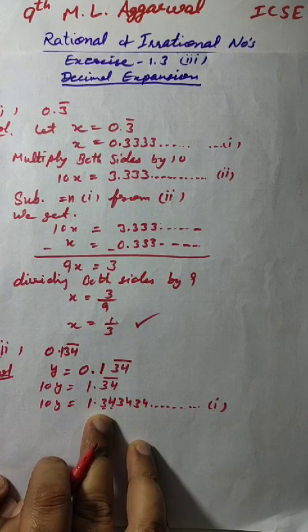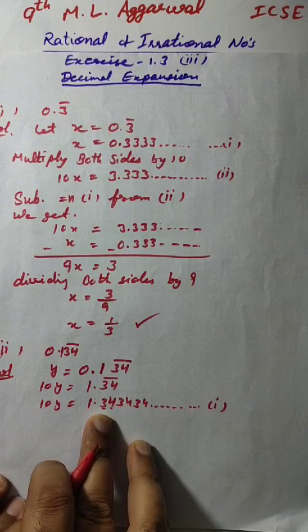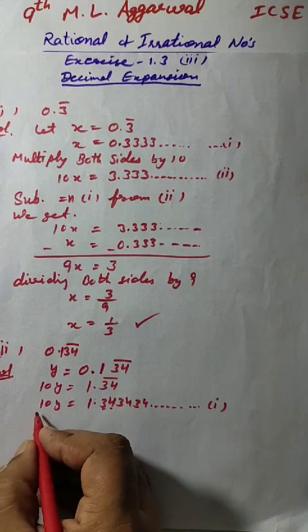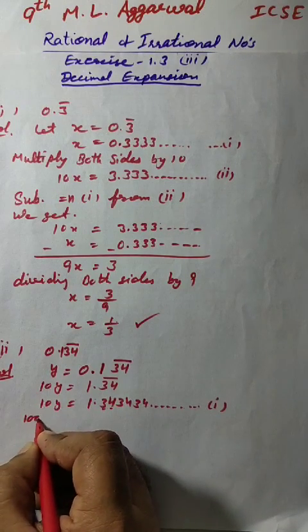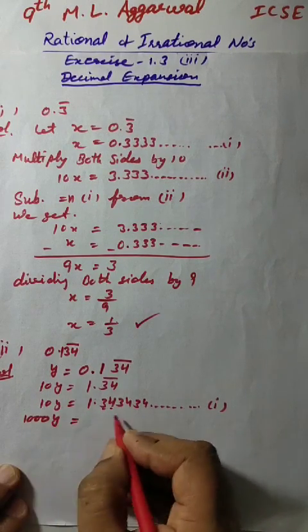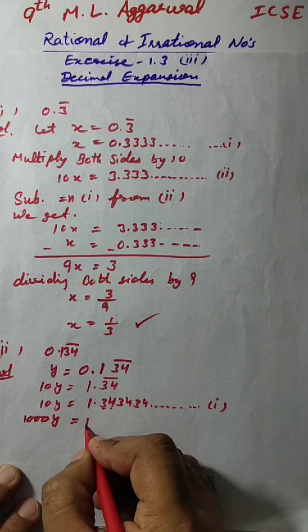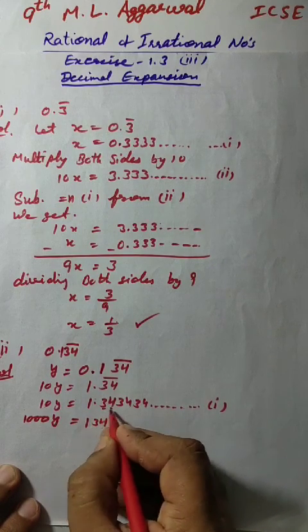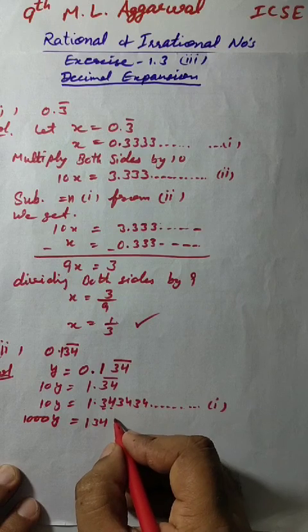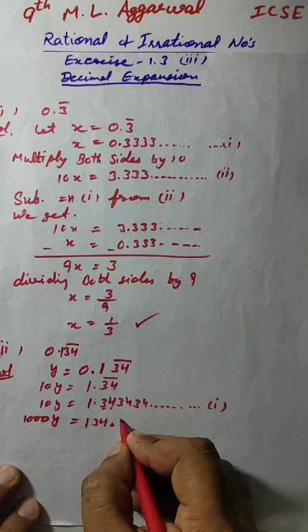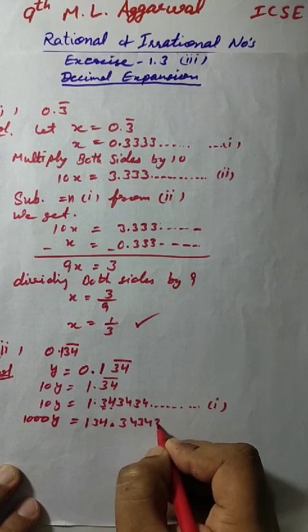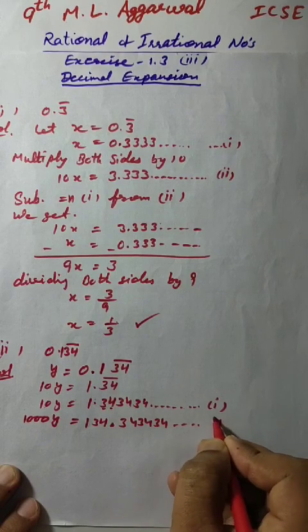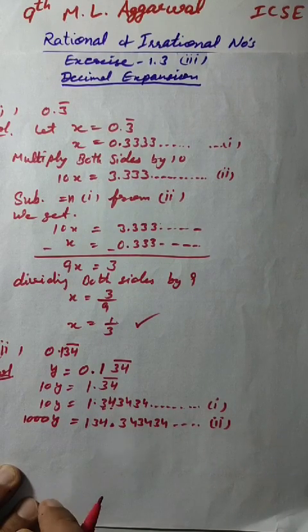We multiply this whole number by 100. On the left side we get 1000y, and on the right side we shift the decimal towards the right for 2 places, and we get this. Denote it by equation number 2.